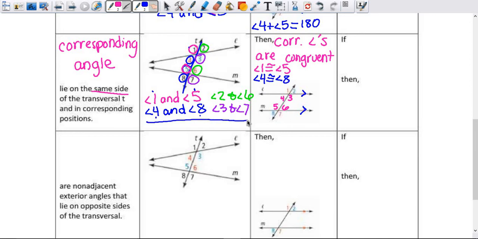I would know that angle 2 was congruent to angle 6, and lastly, that angle 3 was congruent to angle 7. Okay? And then the converse of this statement would be if corresponding angles are congruent, then L is parallel to M.